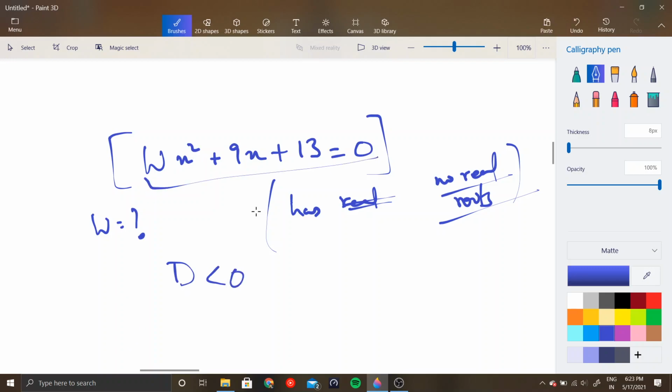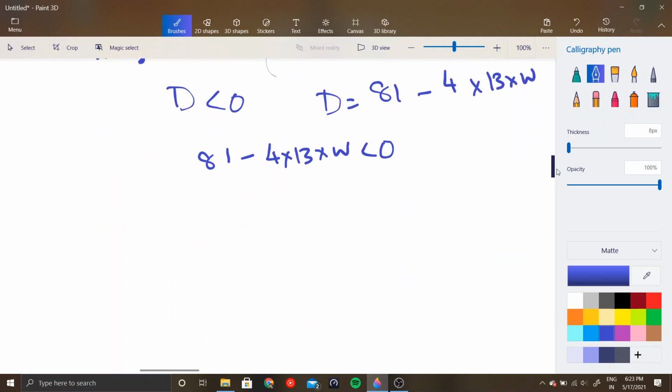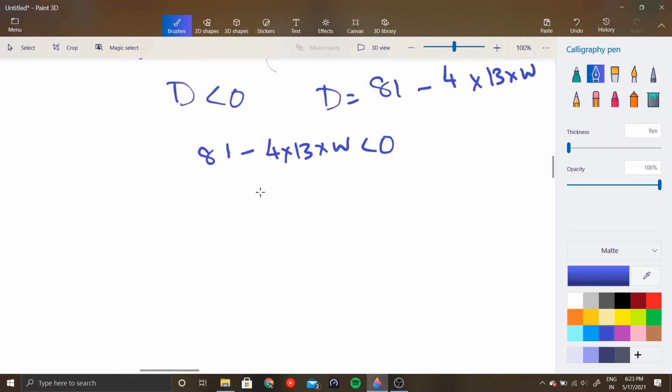You have this sum. Okay, so what is discriminant here? D equal to b squared. B squared is 81 minus 4 times 13 into w, right? Okay, so this term 81 minus 4 into 13 into w should be less than 0, right? Okay, should be less than 0, correct?